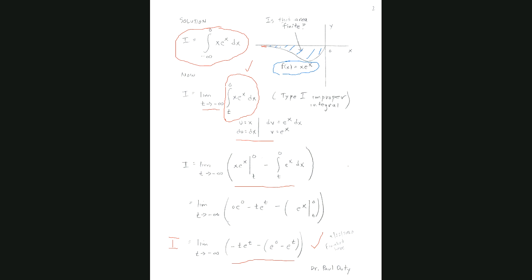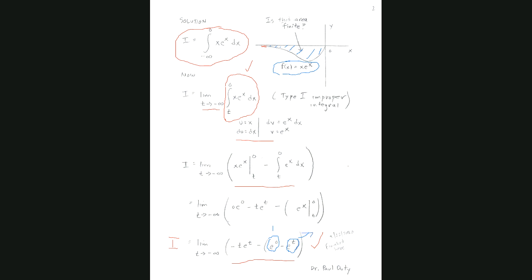So the question is, what do these values go to? Okay, what do these functions of t go to? I mean, e to the 0, there's no question. I mean, that just equals what? That equals 1. So that's not affected by the limit. But what would e to the t go to as t goes to negative infinity? What does e to the t approach?